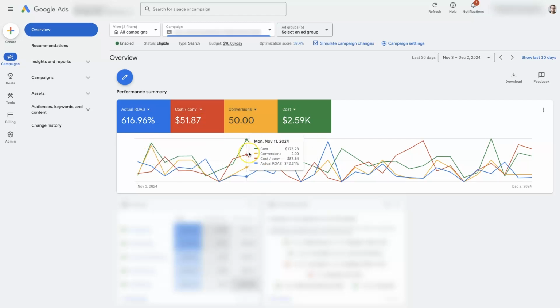It's not always going to be the best. Like this day, it spent $175, only got 2 conversions, cost us $87 a conversion. Granted, we are using maximized conversions, and that's a bid strategy that's going to try and spend more money on clicks that are more likely to turn into leads for our business.